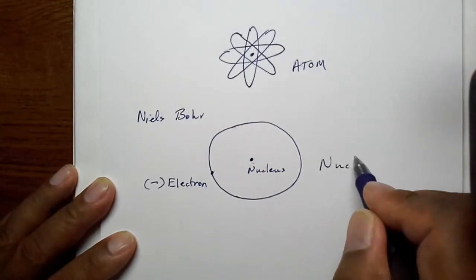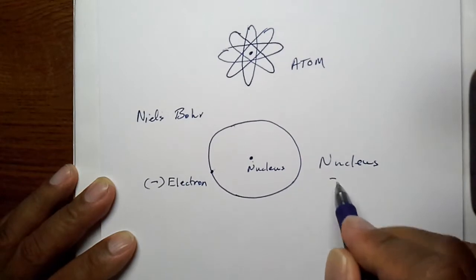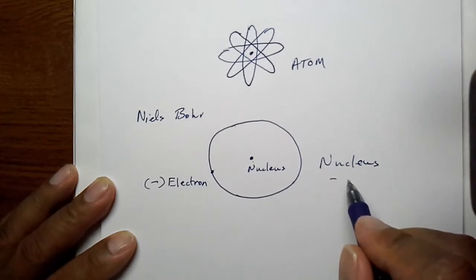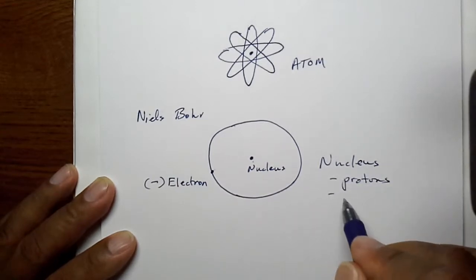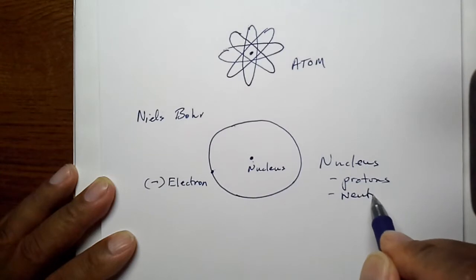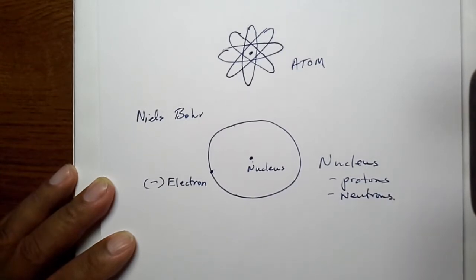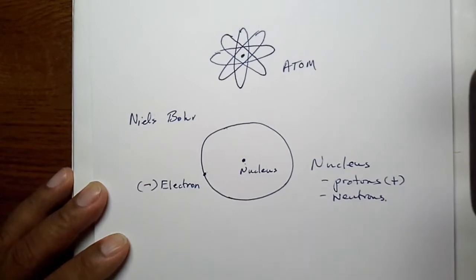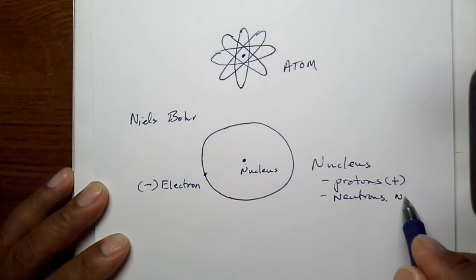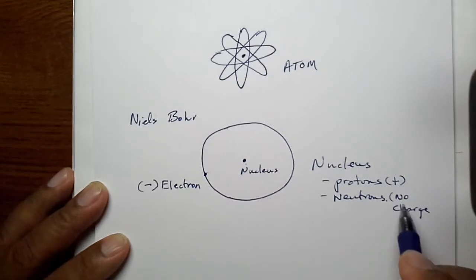Inside the nucleus, we have 2 subatomic particles, usually, we have protons, and we have neutrons. All right, and from experience, you probably remember that protons are positively charged, and there's no charge on the neutron.